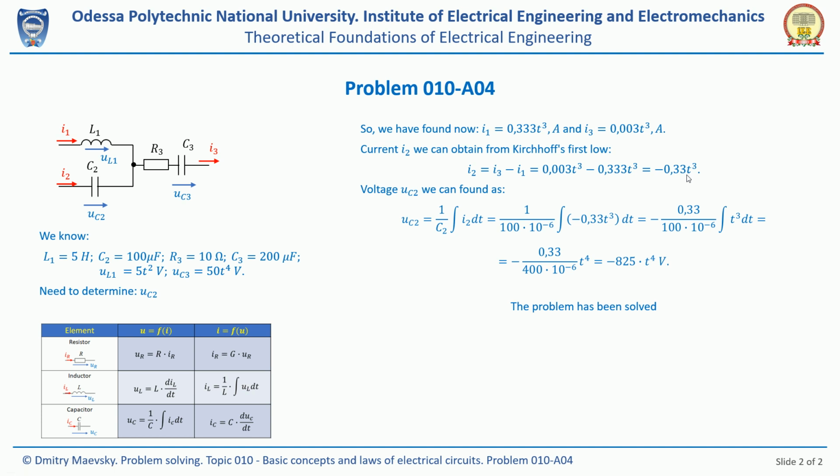And voltage UC2 we can find as this formula. After substitution and calculation we obtain minus 825 times t power 4. This is the voltage.